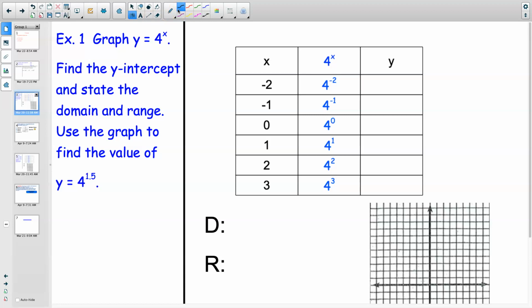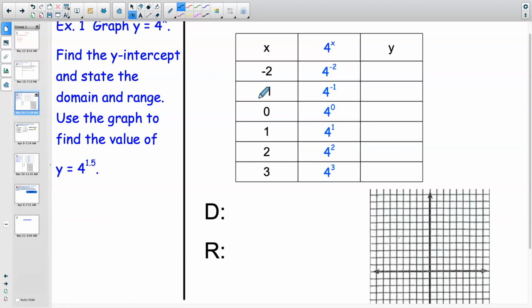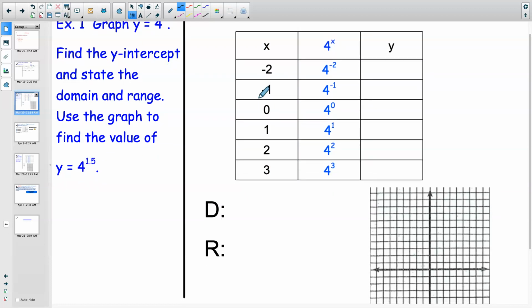So I put in x values of just what would make sense. You can put in any x values, but it's good to get some on the negative side and positive side.